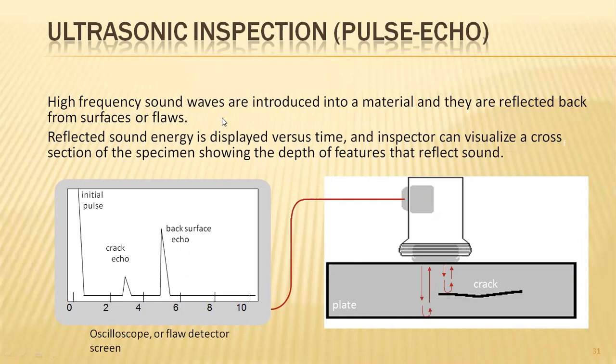Next is the ultrasonic inspection process, the pulse echo test. Sound waves are given as an input and allowed to pass through the material, travelling normally from the starting point of the material thickness to the ending point. No deviations take place. But if any crack is present, the sound waves are reflected without reaching the next edge.